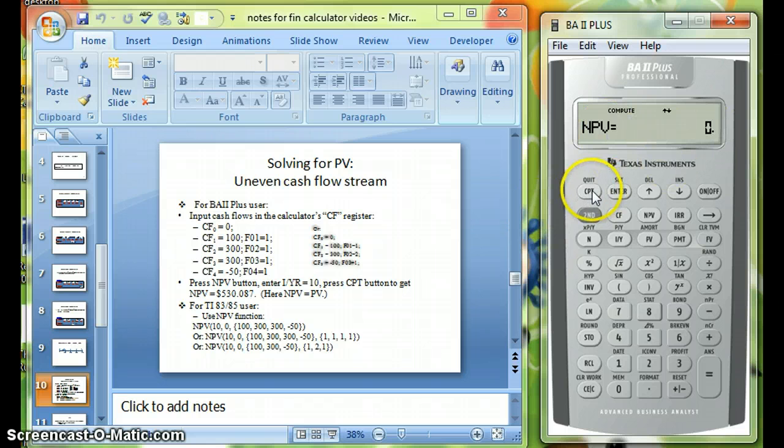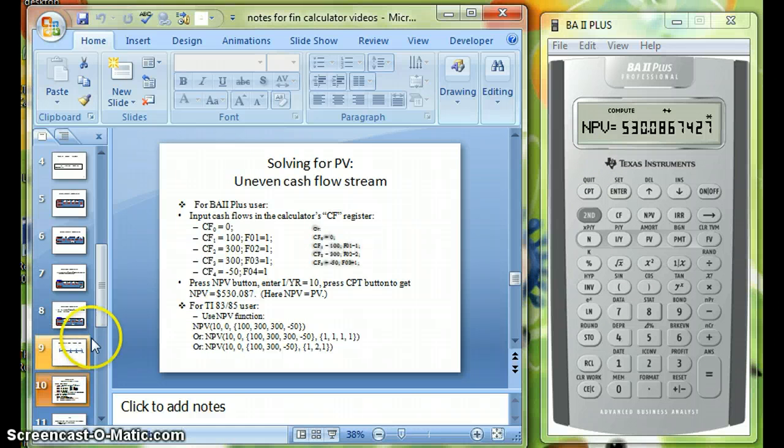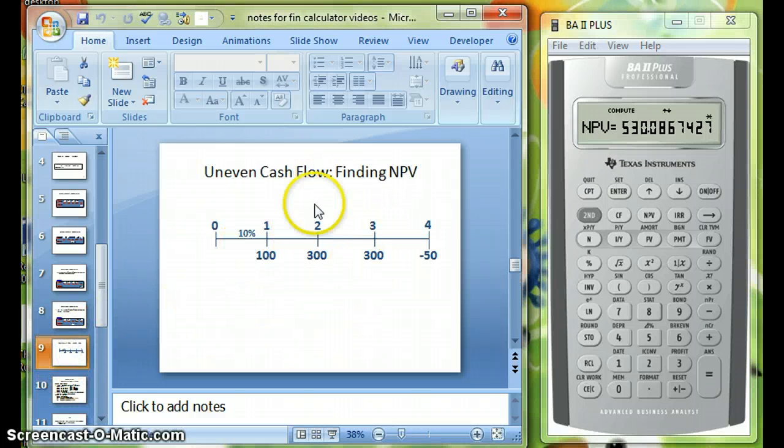We press the compute button once more and we get the final result for the NPV of this uneven stream of cash flows. Okay, so this calculates the net present value of all these cash flows with uneven amounts.